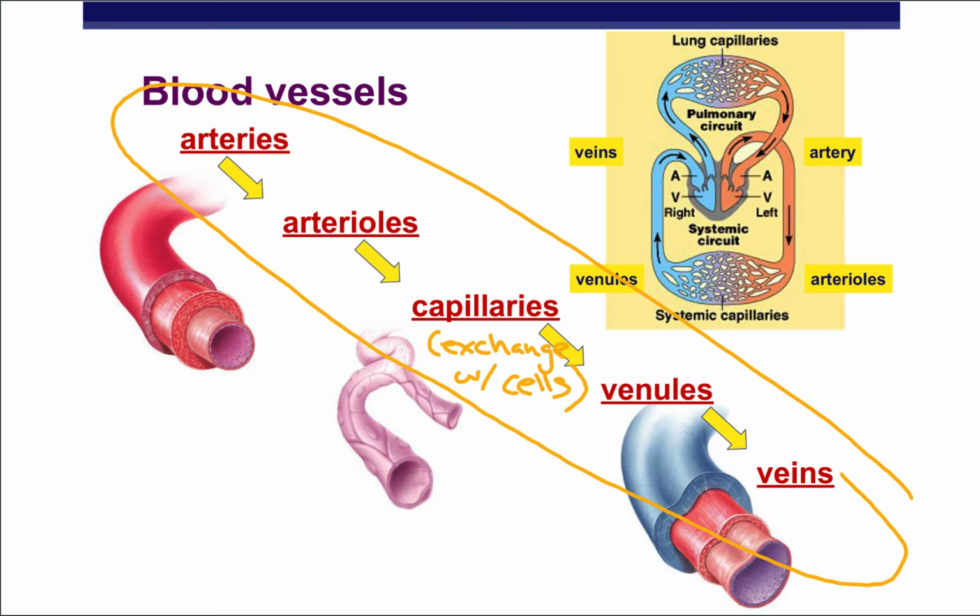Then as it circulates back to your heart, because ultimately all your blood has to come back to your heart to get oxygen from the lungs, it's going to travel through an on-ramp. So venules are the on-ramp into the vein. And then the veins are going to bring that blood back to the heart so it can get whatever it needs. Okay? So just write this flow chart.